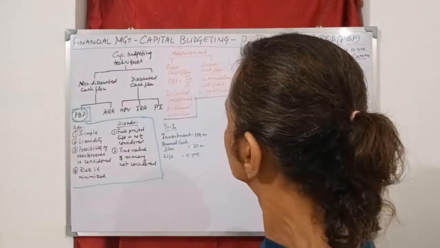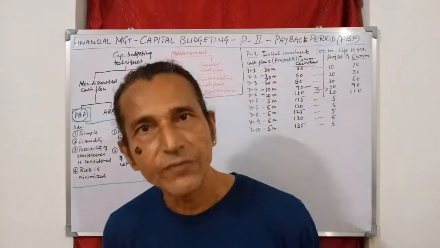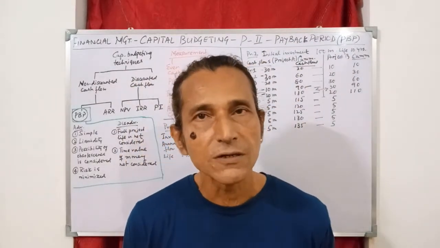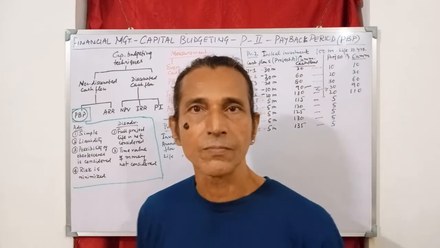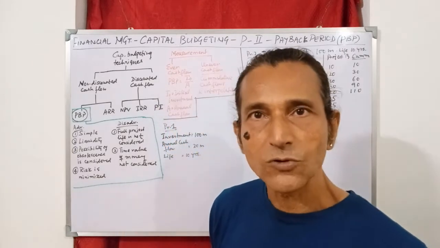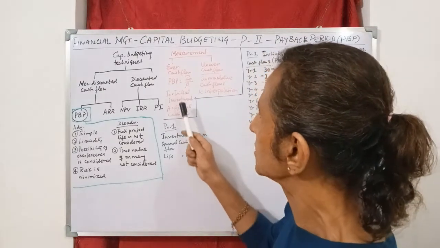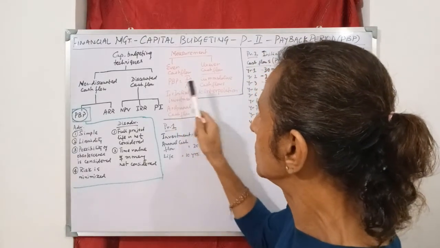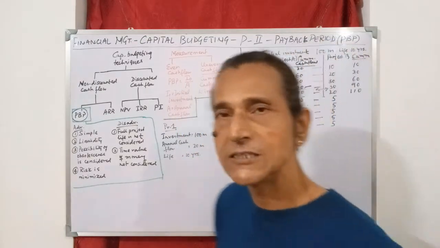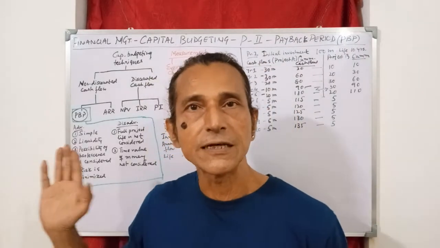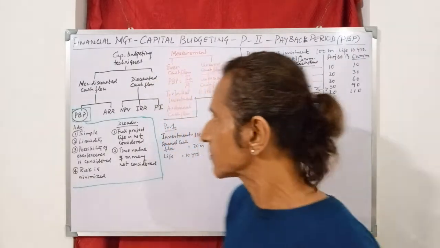Now, the cash flows can be either even, that is like an annuity, or they can be uneven. In case of even cash flows, that is the cash flow in each year is the same, then we apply this formula: PBP is equal to I0 by A, where I0 is the initial investment and A is the annual cash flow.